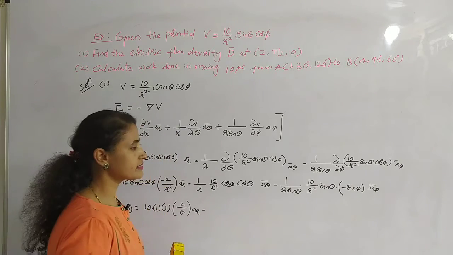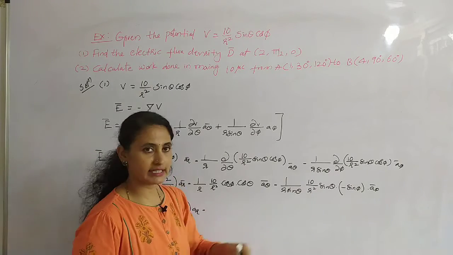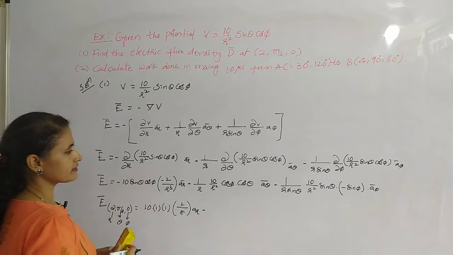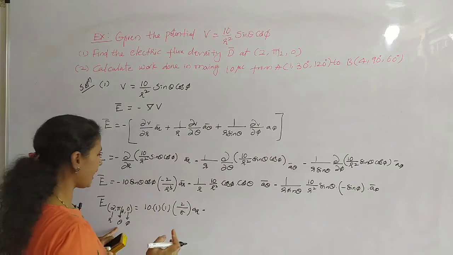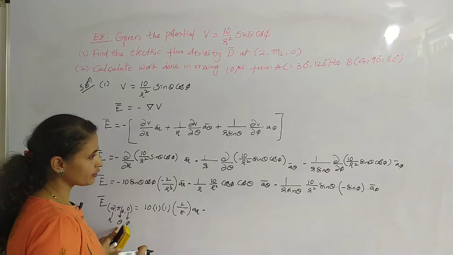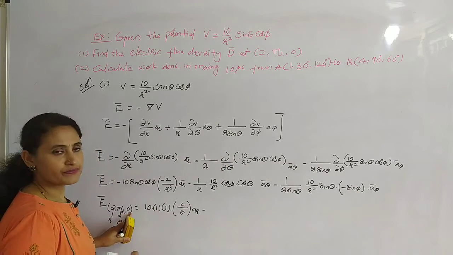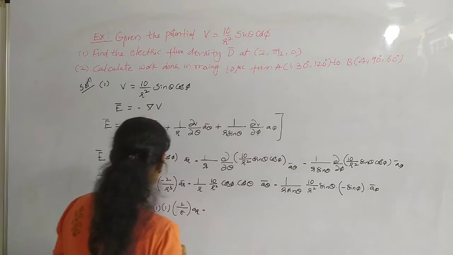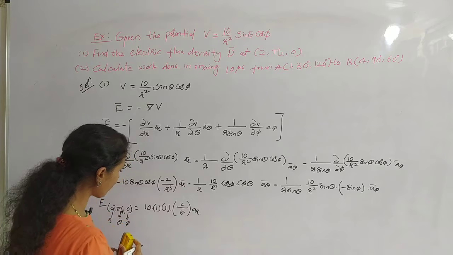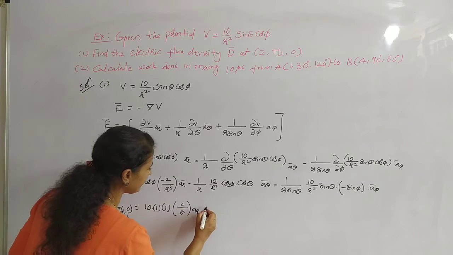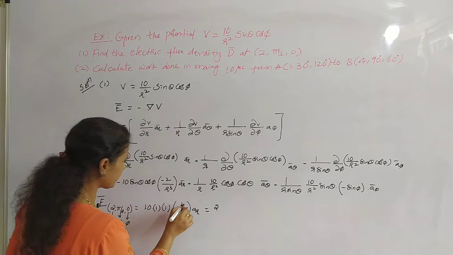In the last case, all the sine terms are there. So theta should be replaced by pi by 2, sin pi by 2 is 1 only. But here we have sin phi, which is 0, so this term is also becoming 0. So what we have obtained is 20 by 8 A r. If you cancel, this is 1.